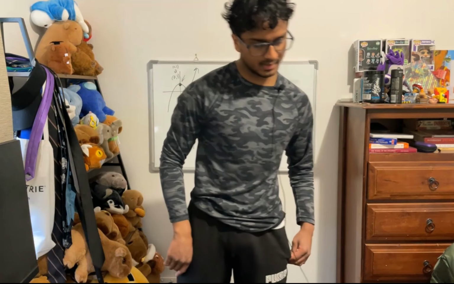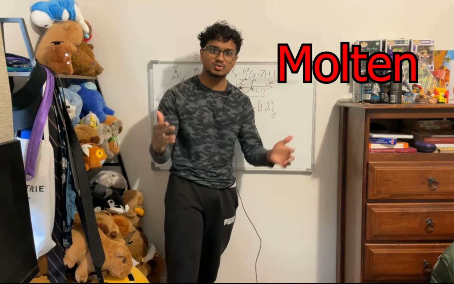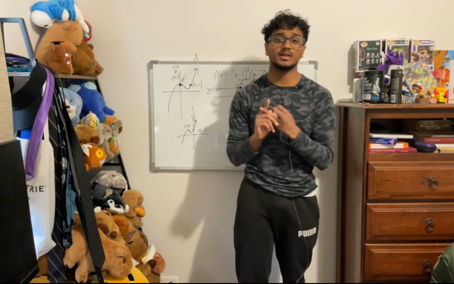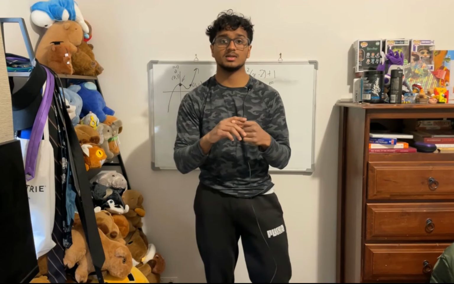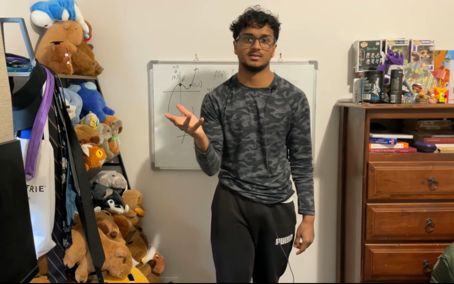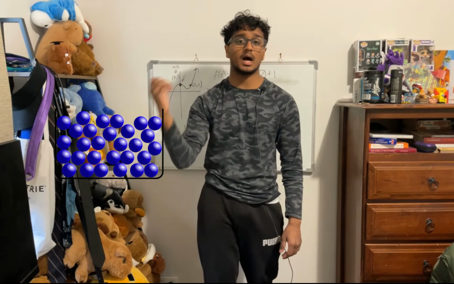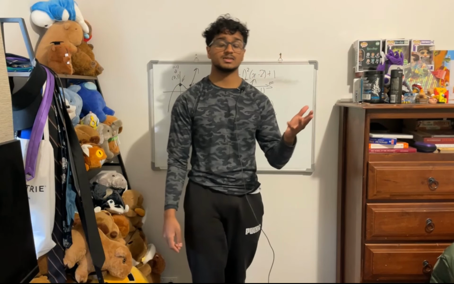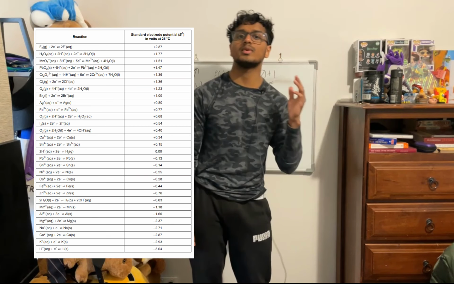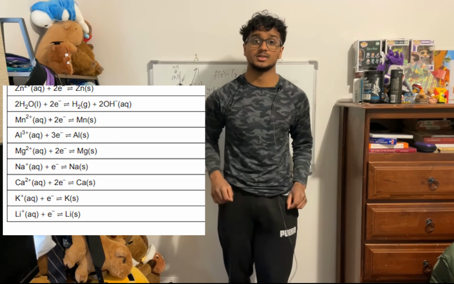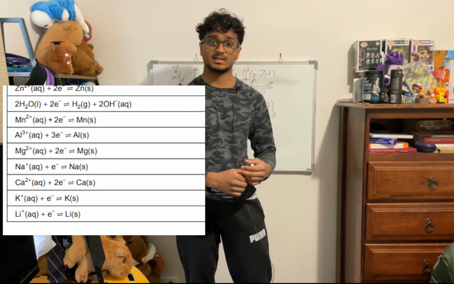Now, we have molten versus aqueous solutions. These are our two solutions that we want to deal with, and for molten solutions, it is literally just very hot. It's about 1,000 degrees, maybe 2,000 degrees, because we're melting ions, right? Compared to aqueous solutions, which can run at lower temperatures. However, the issue with aqueous solutions is that water can act as a reactant.